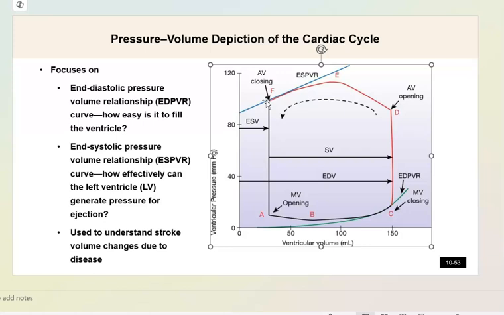But what we're actually saying is, think of it this way, at the end of diastole, let's say I have 150 mLs of blood in there, okay? And I squeeze. So at the end of diastole, my end diastolic volume, let's say it's 150 cc's, milliliters.